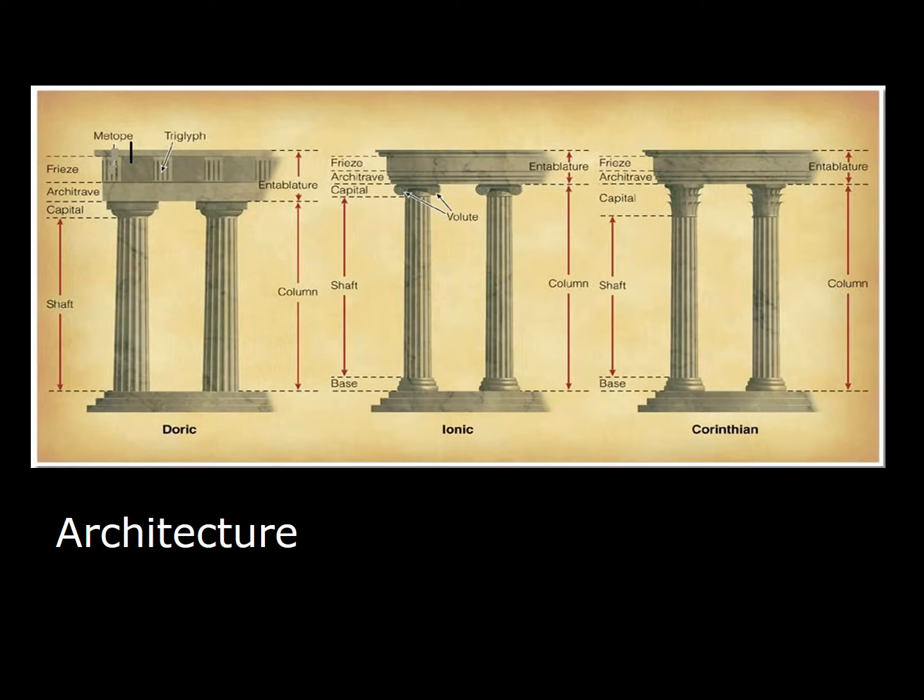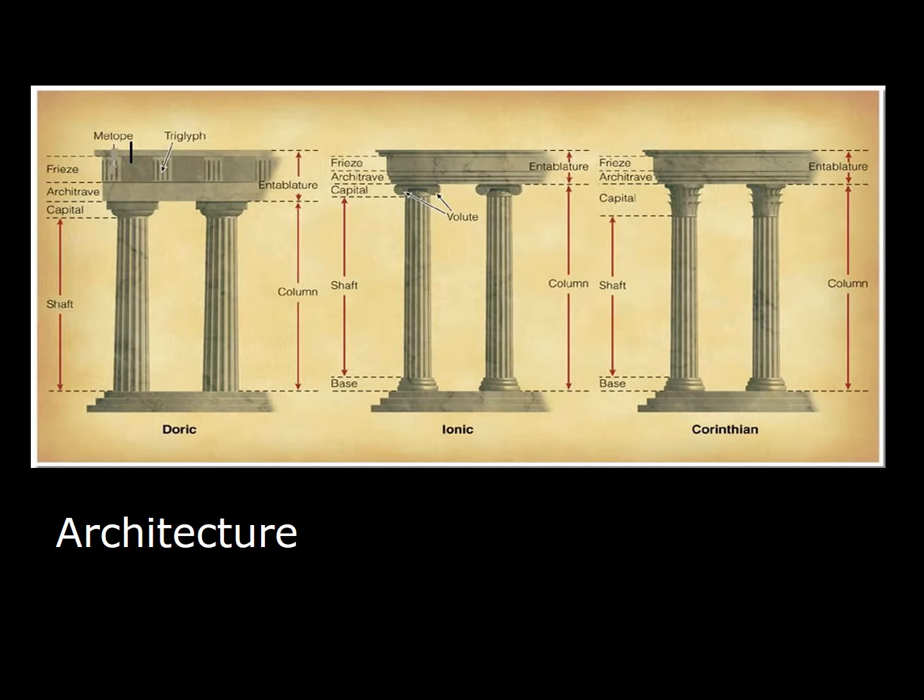So the ways to understand these three architectural designs: the Doric columns have capitals that are square or stepped. In the frieze at the top, they generally have a triglyph, which is a little carving of three grooves. In the metope, the small little panel there might be decorative elements, there might be some kind of sculpture.